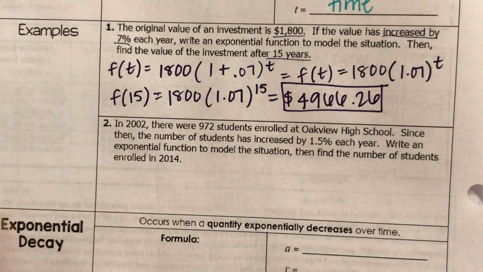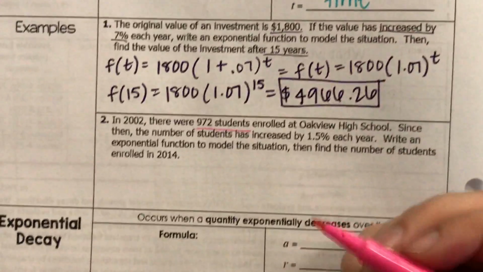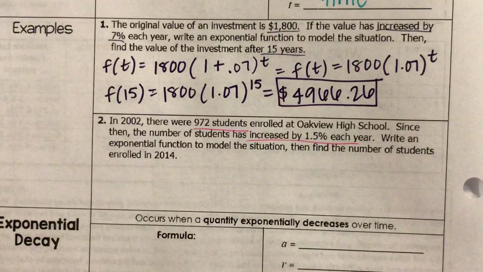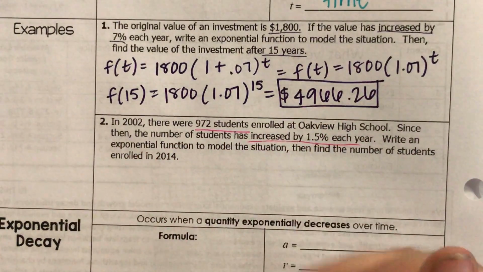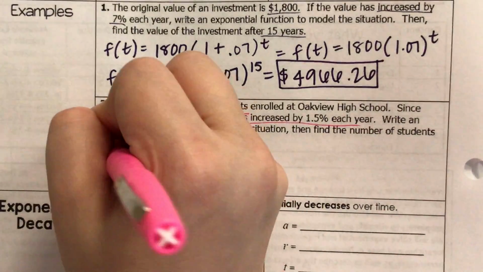In 2002, there were 972 students enrolled at Oakview High School. Since then, the number of students has increased by 1.5%. Write an exponential function to model the situation, then find the number of students enrolled in 2014. So let's figure out our function first.